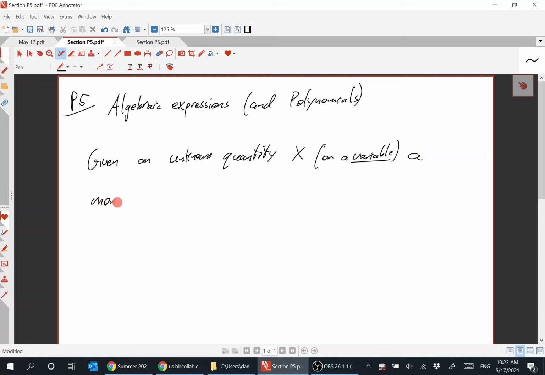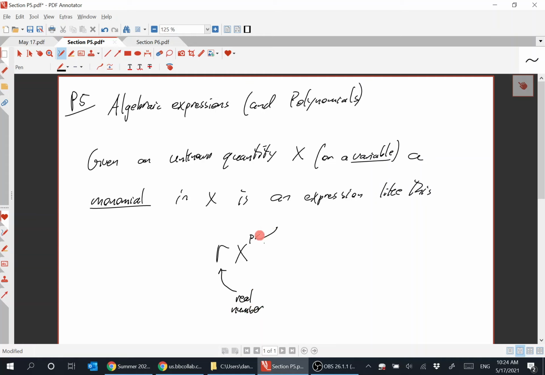A monomial is of the form r x to the p, where r is a real number and p is a real number, usually rational.